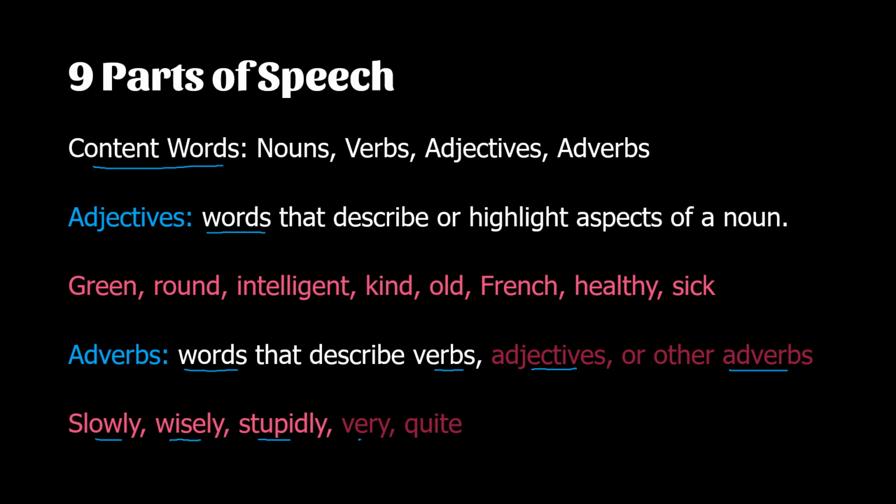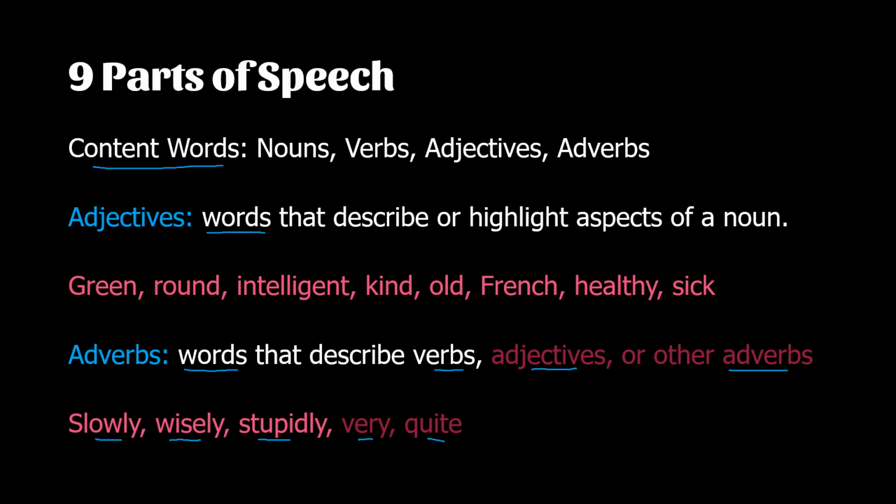Now, the words very and quite don't quite describe a verb. I wouldn't say I run very or I quite think. So these adverbs describe adjectives. So this apple is very green. This person is quite intelligent.